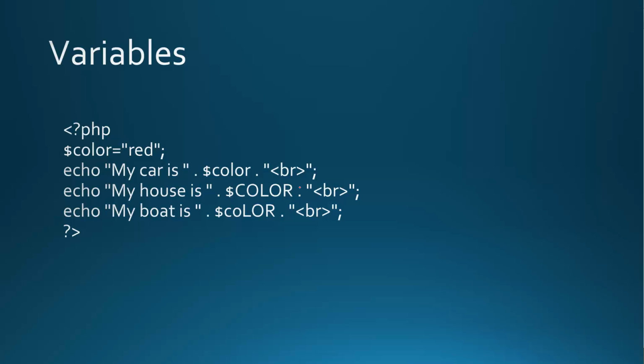Why is it case sensitive? Because it's referencing the name. If the name is in lowercase and the calling bit is in uppercase, it's not going to work, because it's referencing each word to the actual name. So this is not going to work.